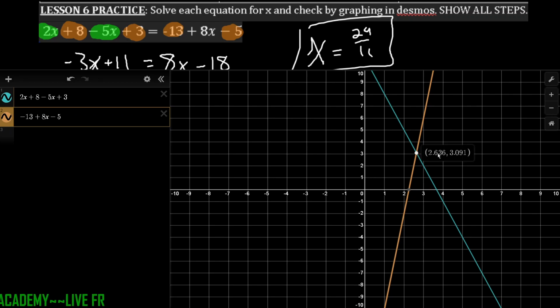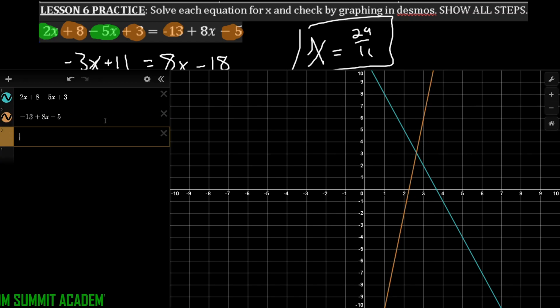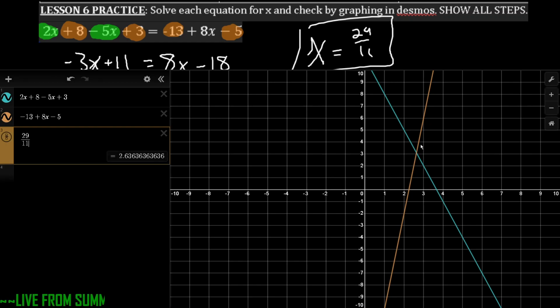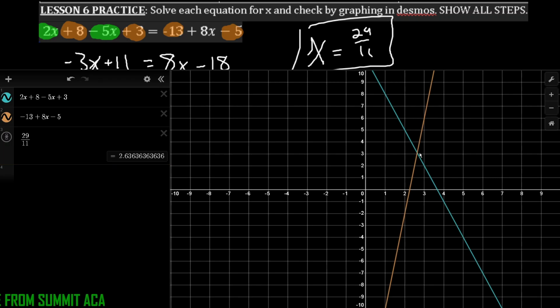And if I look at that x value, well, it doesn't look like I have 29 over 11, but what I can do is type in and say, well, what is 29 over 11? So notice how it has that 2.63. Well, that's exactly what it has, 2.636, which is what we're looking for. So notice, we're looking for that x value where they intersect.